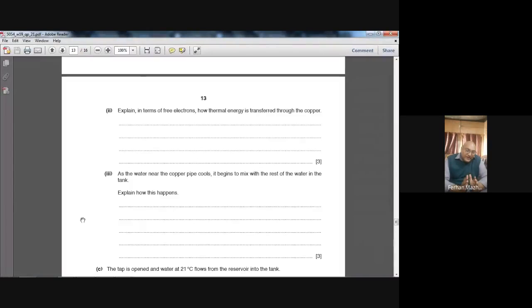You see, copper is a metal and it has free electrons.